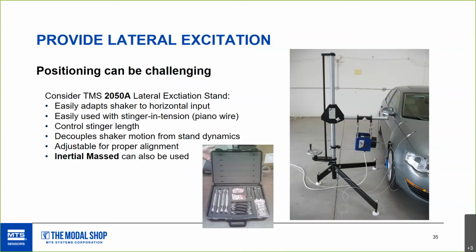It decouples the motion of the shaker from the stand. And you can also use inertial masses. It'll add impedance to the shaker. Otherwise, the shaker would swing easily when it's connected to the test structure. I've seen shakers mounted in all crazy ways, so it's handy to have a tool to let you easily adapt where you're going to apply the shaker and the force.